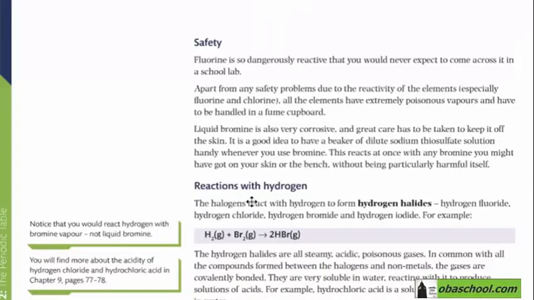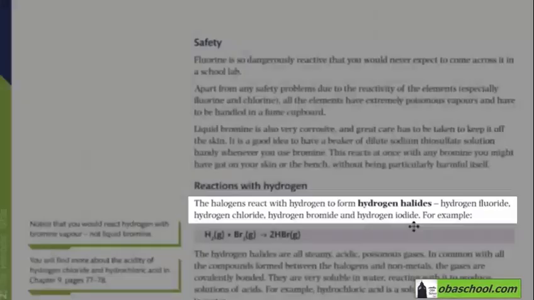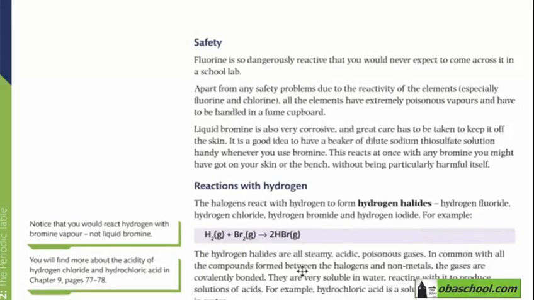Now we will discuss the reactions that happen between these halogens and hydrogen. The halogens react with hydrogen to form hydrogen halides, like hydrogen fluoride, hydrogen chloride, hydrogen bromide, and hydrogen iodide. We will learn these reactions.